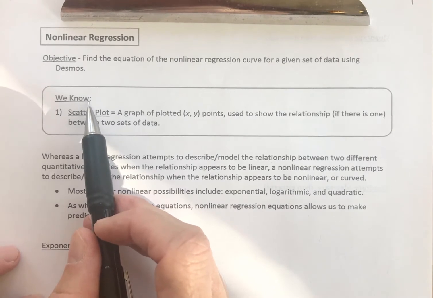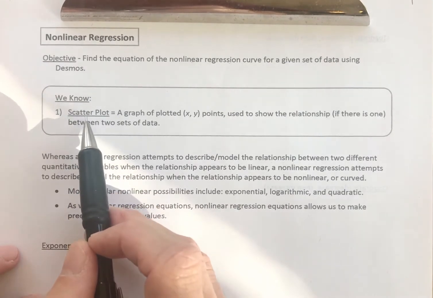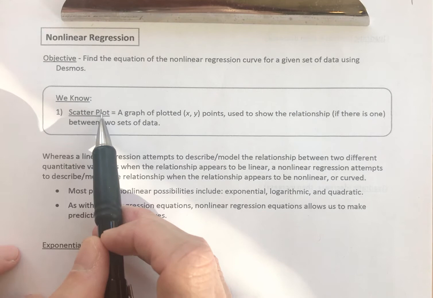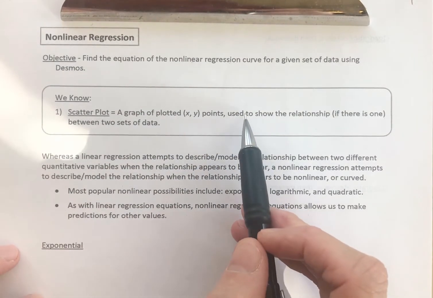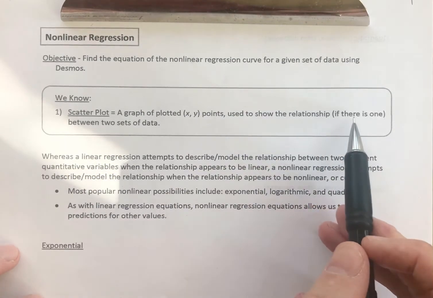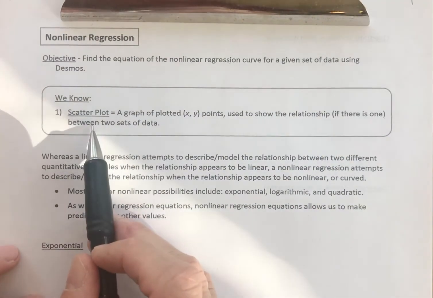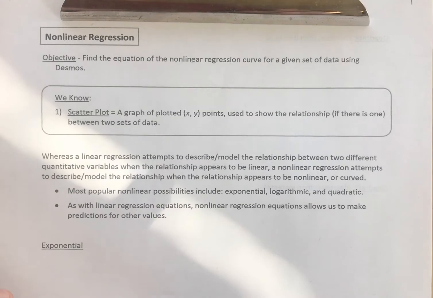Well, we learned in the linear regression what a scatter plot is. A scatter plot is a graph of plotted points, x's and y's, used to show the relationship, if there is one, between two sets of data.